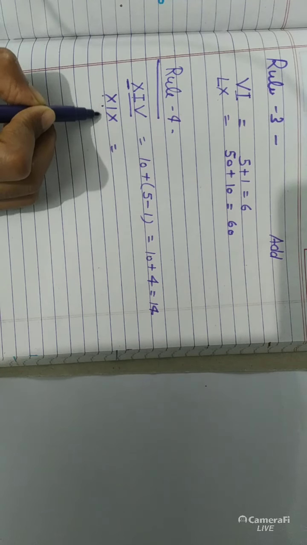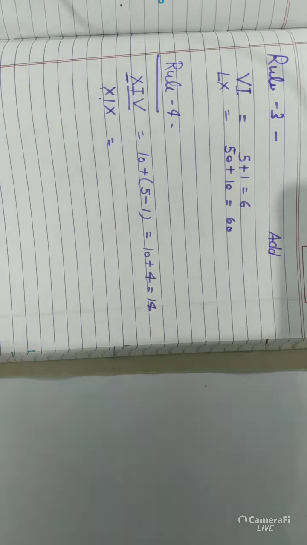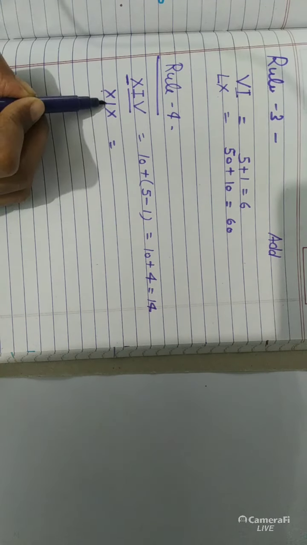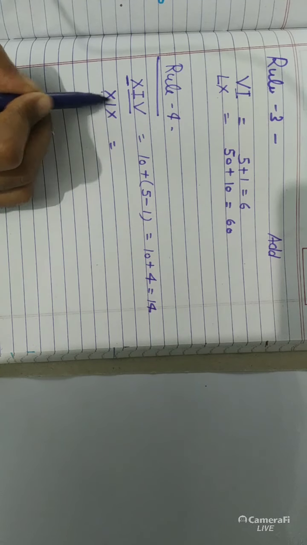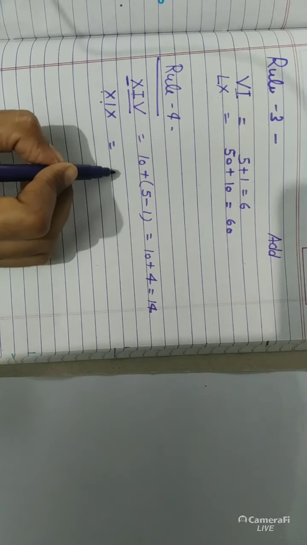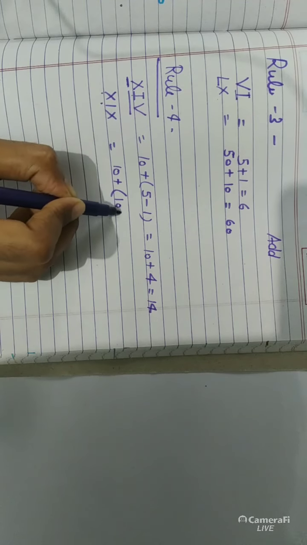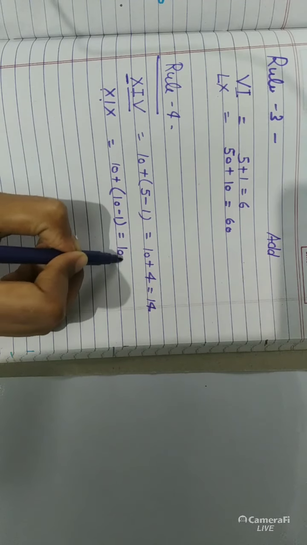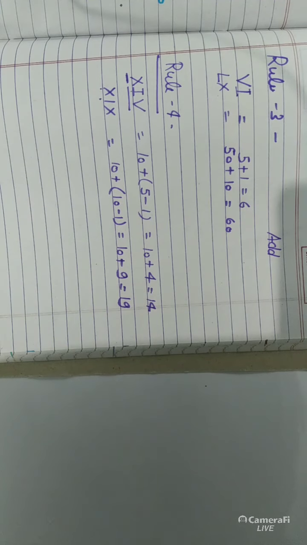You will subtract it from the number that is written to the right side of it, and then add the result to the number on the left. Means 10 plus, and from this you subtract, 10 minus 1. 10 plus 10 minus 1, where 10 minus 1 is 9, means 19. Got it?